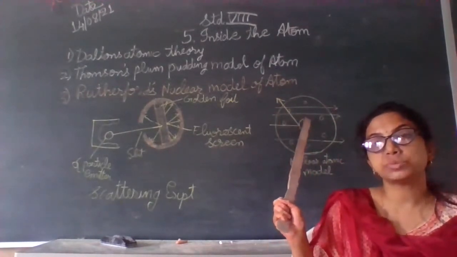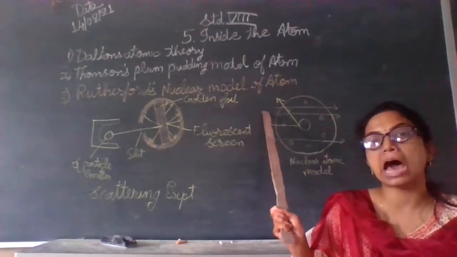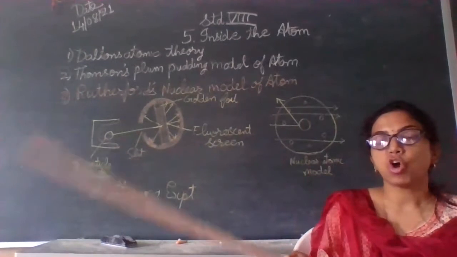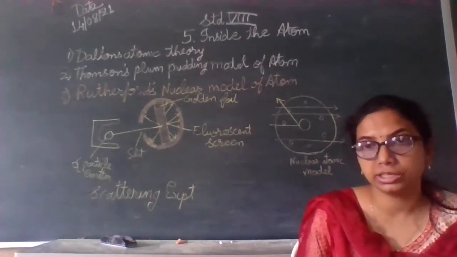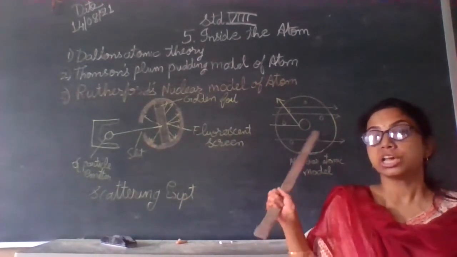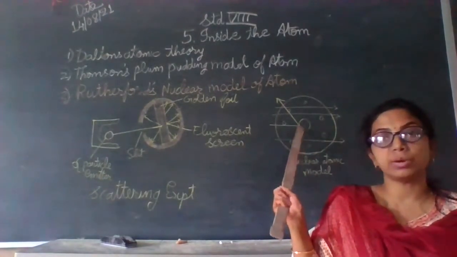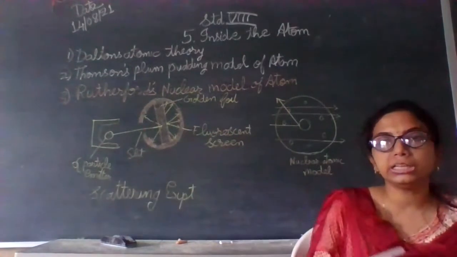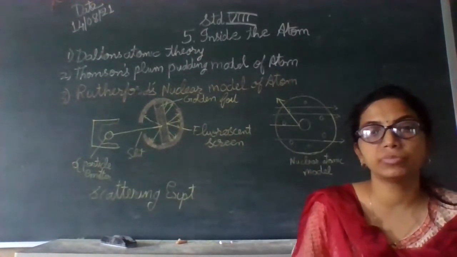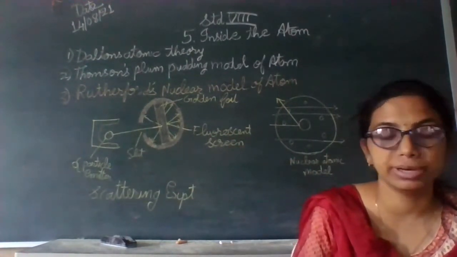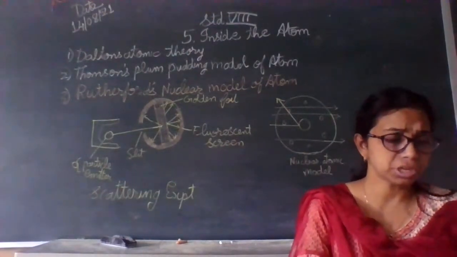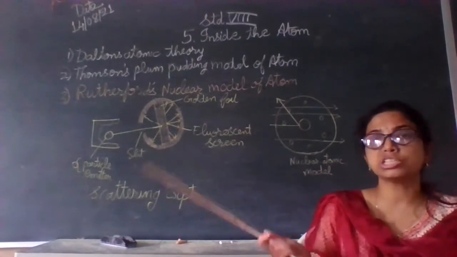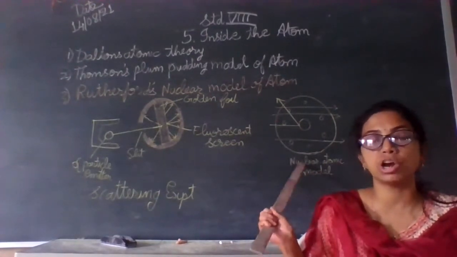There were spaces in between that allowed straight passage of alpha particles, and only this central concentrated part helped in deflecting the rays coming from the alpha particle emitter. So finally, this was the nuclear model of Rutherford.